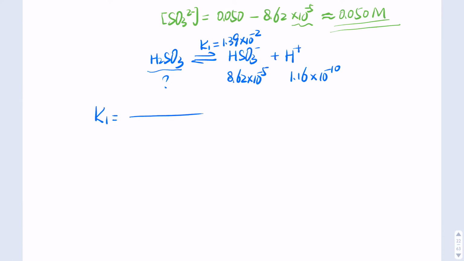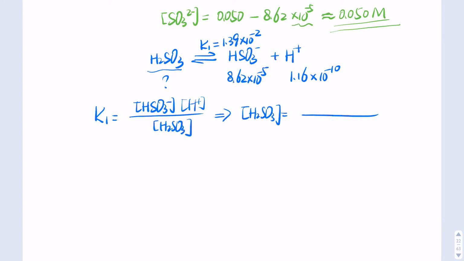K1 will equal product over reactant, H2SO3. And then you can calculate this H2SO3, and that will be HSO3 minus times H plus divided by K1.